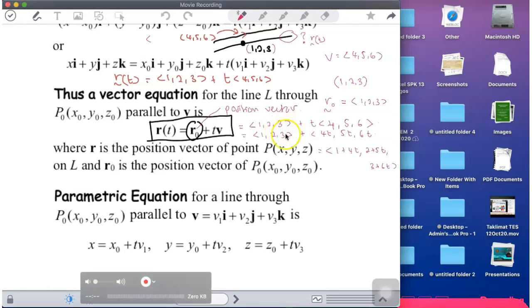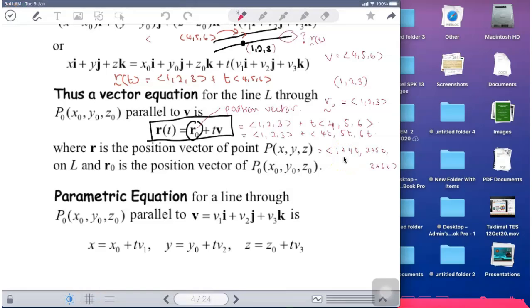From the vector equation or vector function, we always have the parametric equation. So what is a parametric equation? Remember we had method 1 before this. If you don't remember, do some revision on it. For component X, we have X equal to 1 plus 4T.